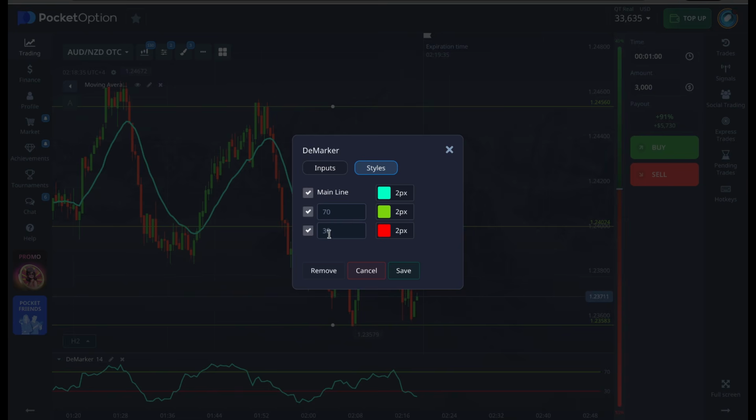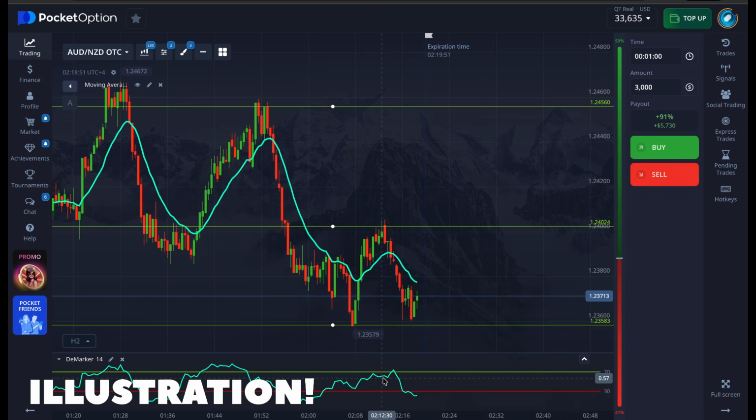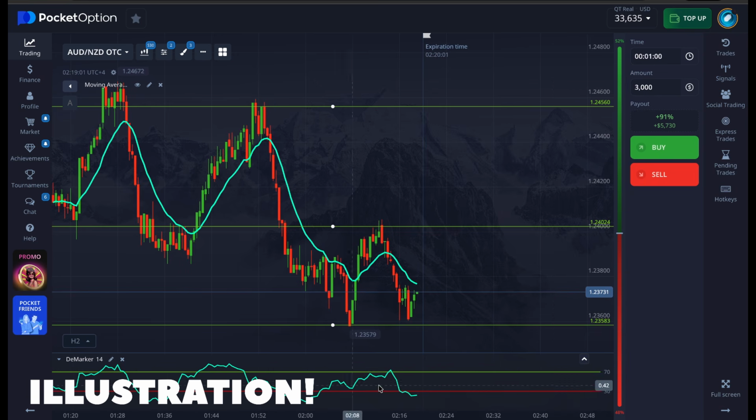For the ceiling, we are referring to the green line right here, the green border that the momentum has to break in order to form a bearish trend, which is the overbought zone. So the 70 right here is the overbought zone, and the 30 right here is the oversold zone.